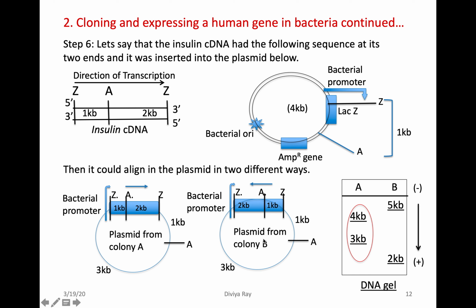So although you do have bacterial colony B, which has the right insulin cDNA insert, this cDNA will not be expressed. So it's actually of no use to you. So not only do you want to insert the cDNA into the plasmid, but you want to insert it in a way that is correct with respect to the promoter so that it can be expressed.